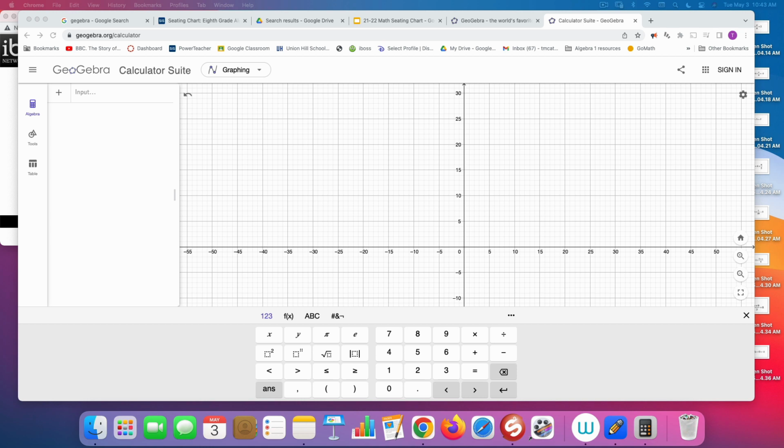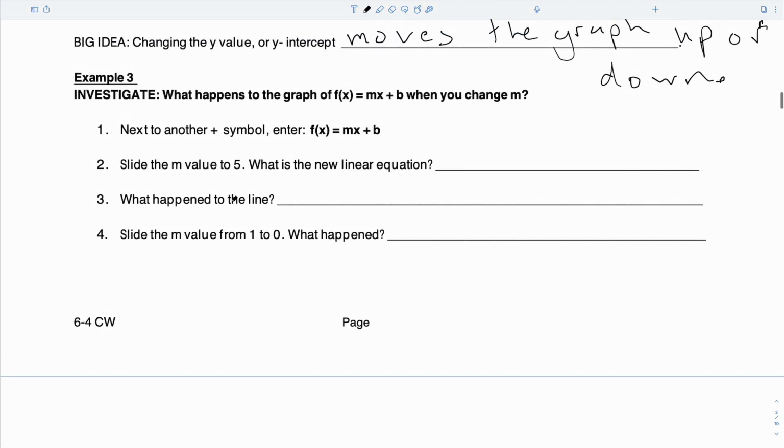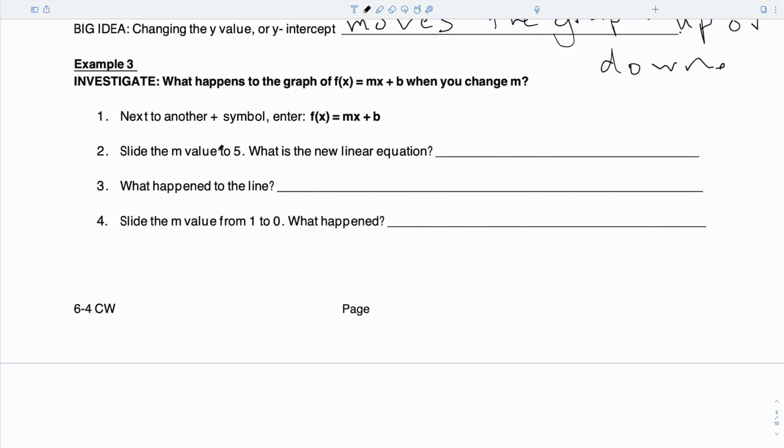Skip example 2. Did you go from that was example 2? You are on example 3 now? Okay.